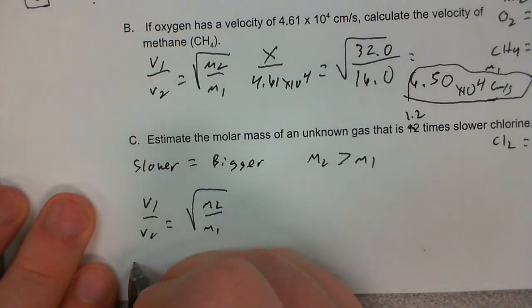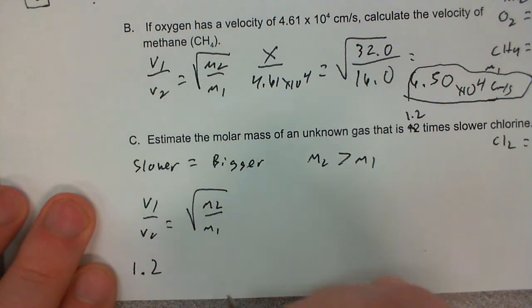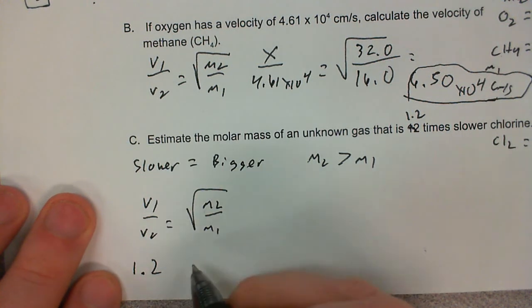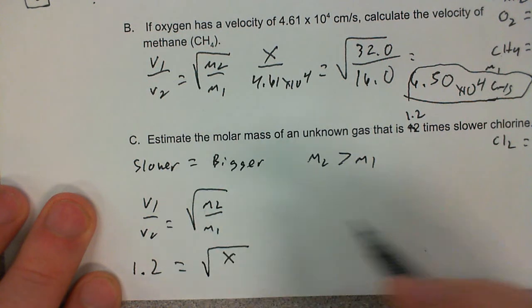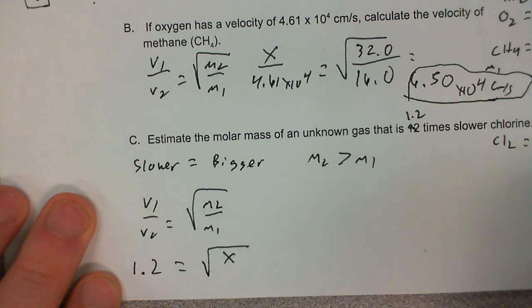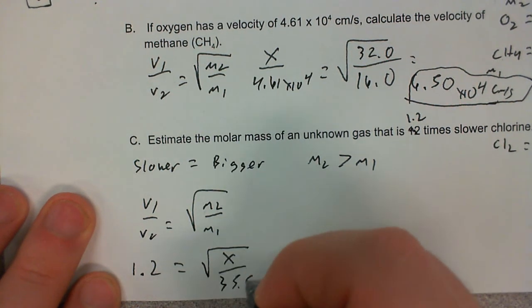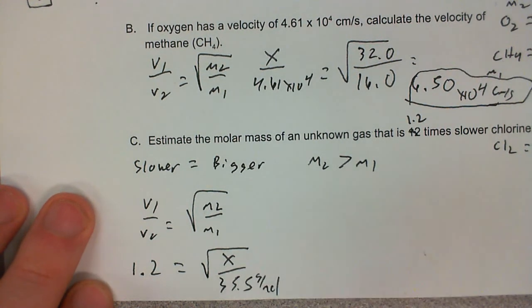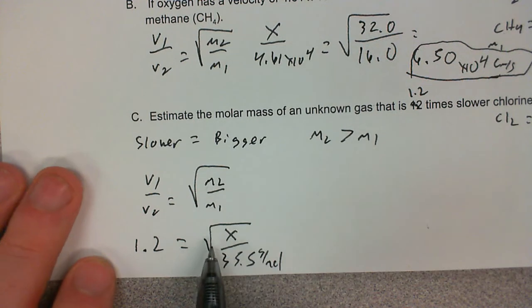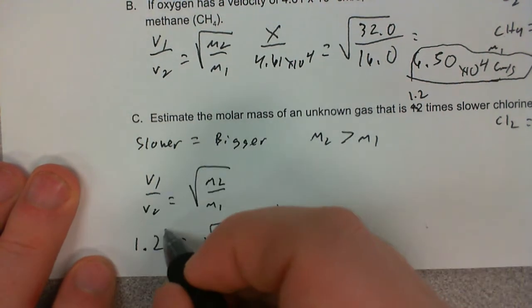So I'm going to put 1.2 right there equals the square root of x, which is my mass 2, over 35.5. Make sure we get rid of the square root first. I'm going to square both sides.